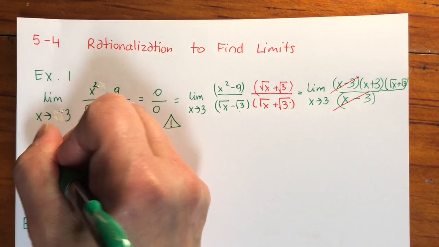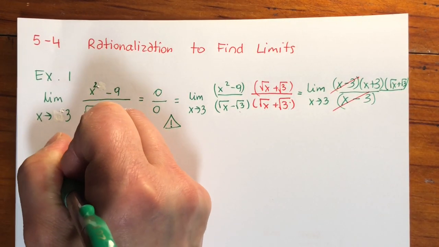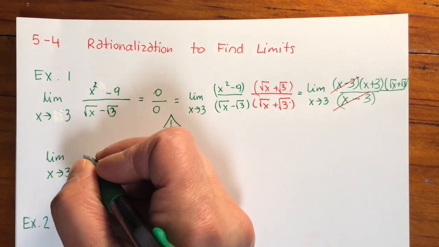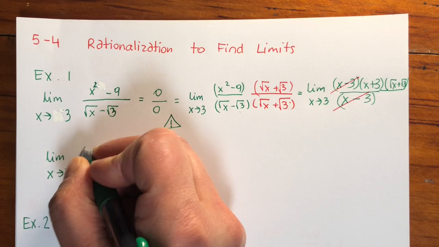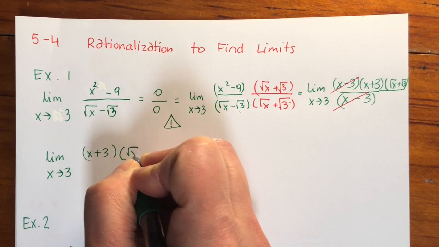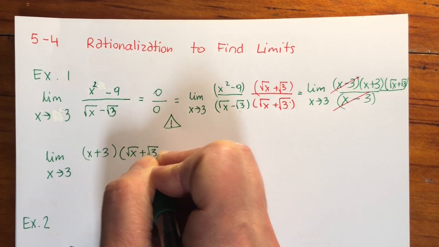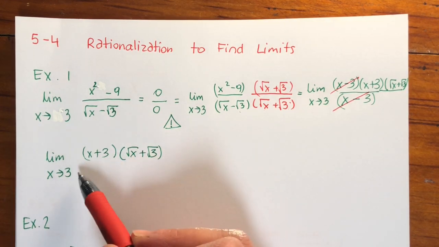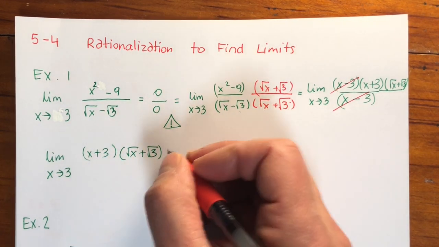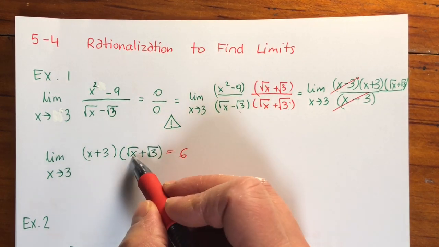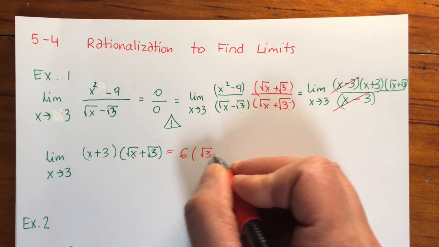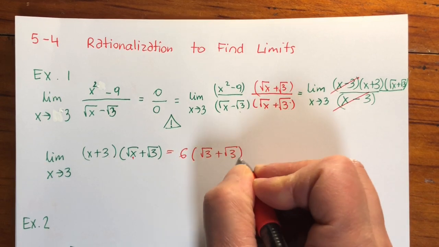I'm going to take my time and write what I have at this moment. Limit as x goes to 3 of x plus 3 times square root of x plus square root of 3. And now if you plug in 3 everywhere in place of x, we will get 3 plus 3, that's 6, times square root of 3 plus square root of 3.